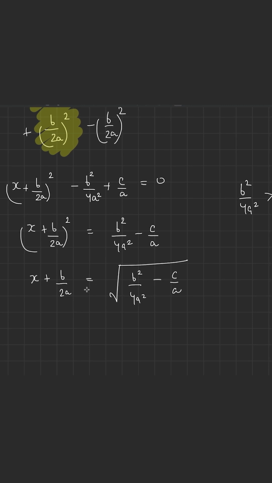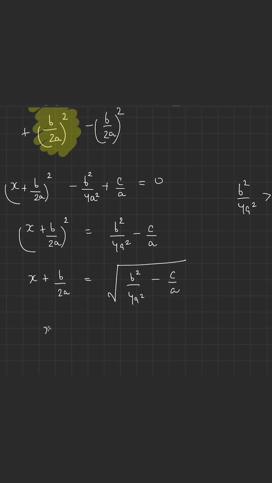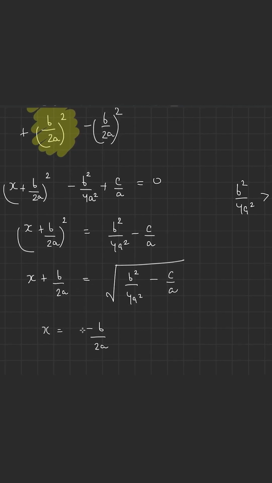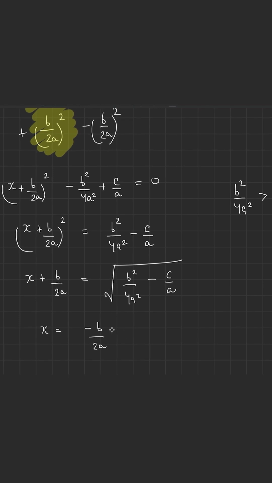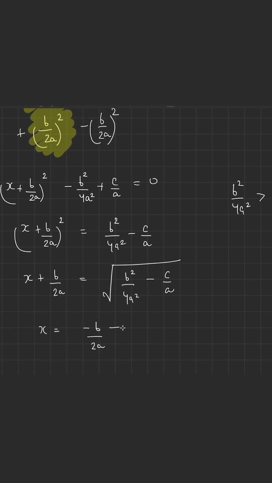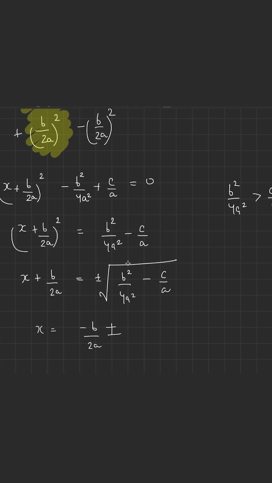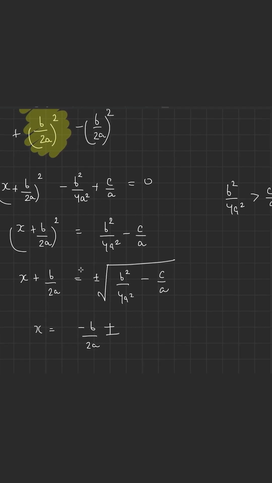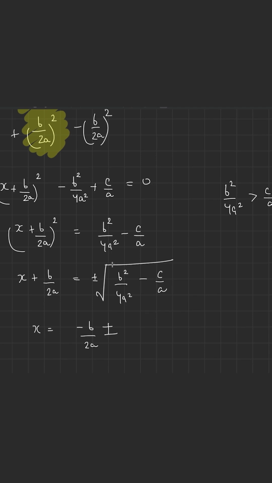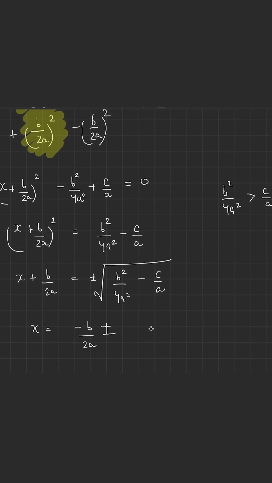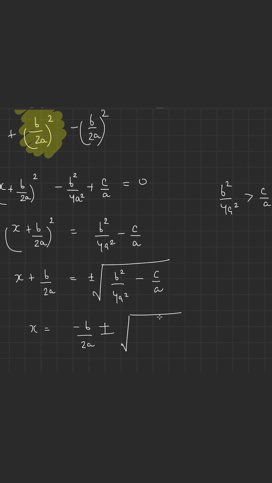Okay, and because I need to find x, I'll have to do minus b over 2a plus minus, because a square root always has two values, plus or minus, because if you square you'll get this only. So plus minus under root.